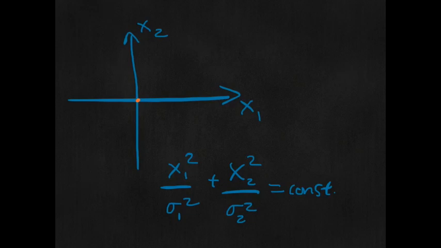So I can actually draw these contours of constant likelihood like so. Here's one ellipse, and as I march down further my exponent, I get a different, broader one. And notice here that the normal axes for this ellipse are exactly the x1 and x2 axes, and that's because these variables are uncorrelated.